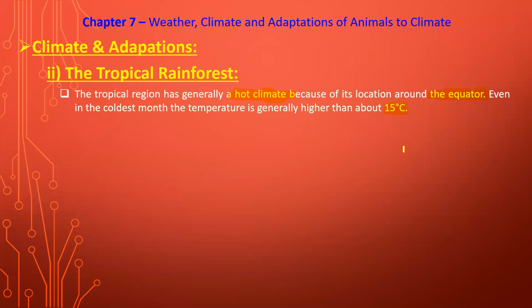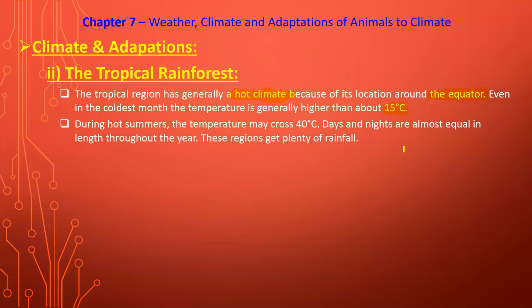But the common observation for the tropical region is that during winter the lowest temperature is about 15 degrees Celsius, and most of the time it is above that. This is the first fact regarding the tropical region.